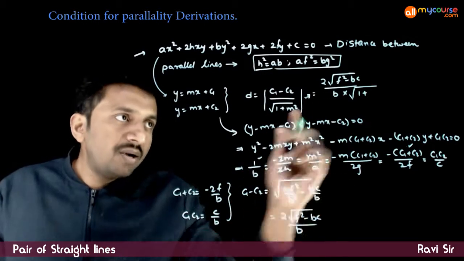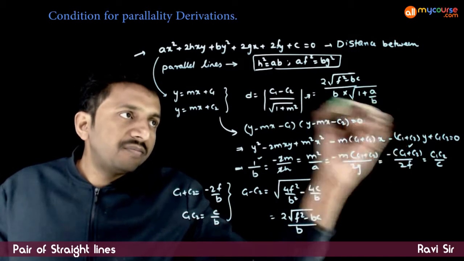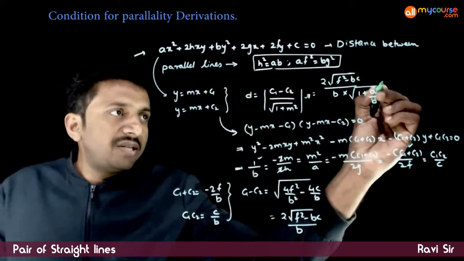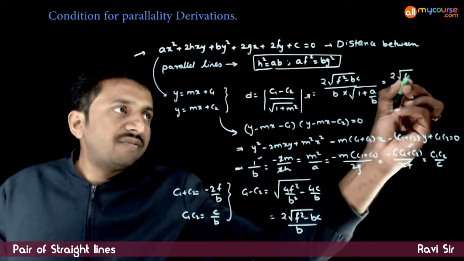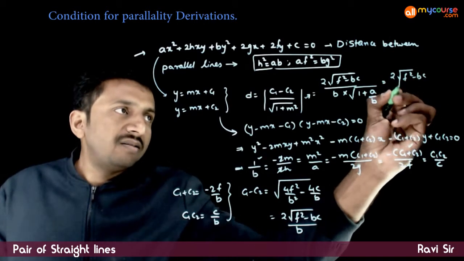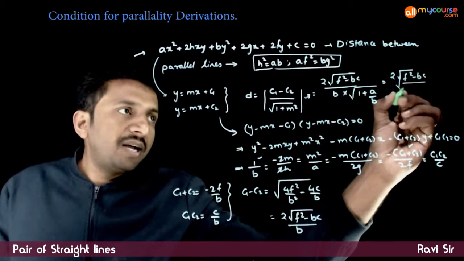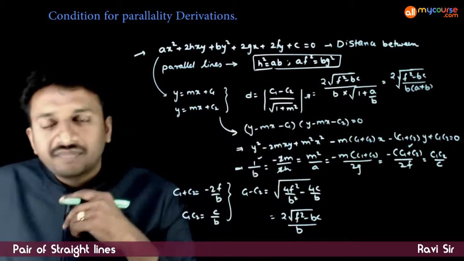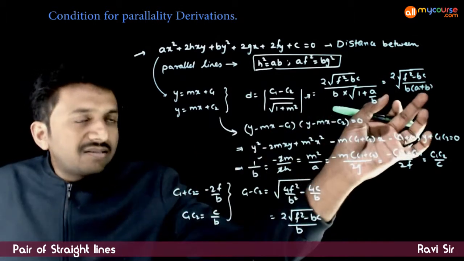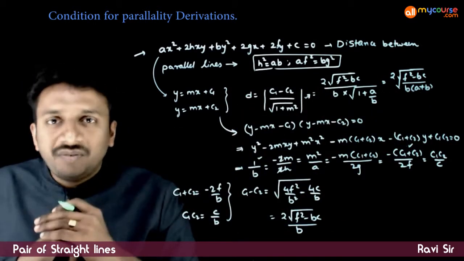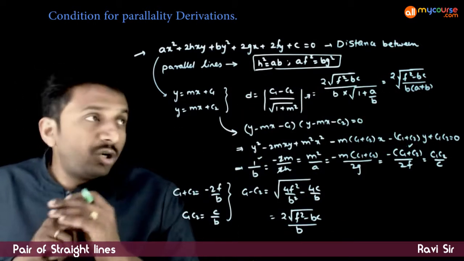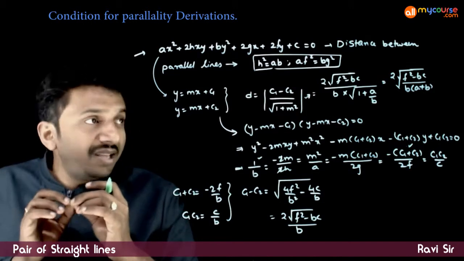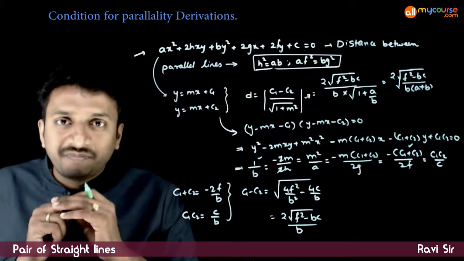So m square is equal to a by b. So if you simplify this, you get 2 root f square minus bc. By the denominator also you get b times a plus b. So this is the formula for the distance between the pair of parallels. 2 root f square minus bc by b times a plus b.